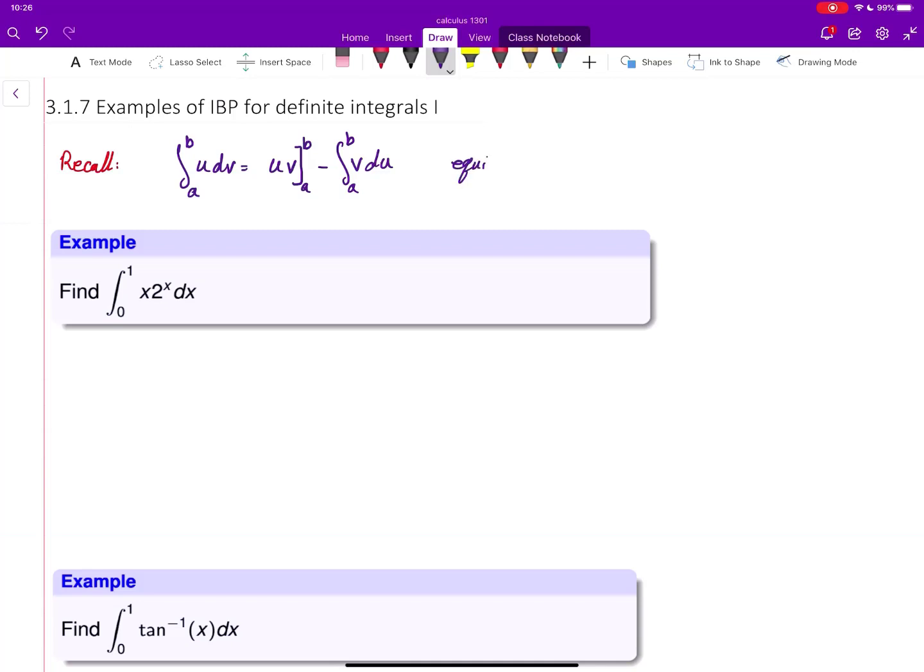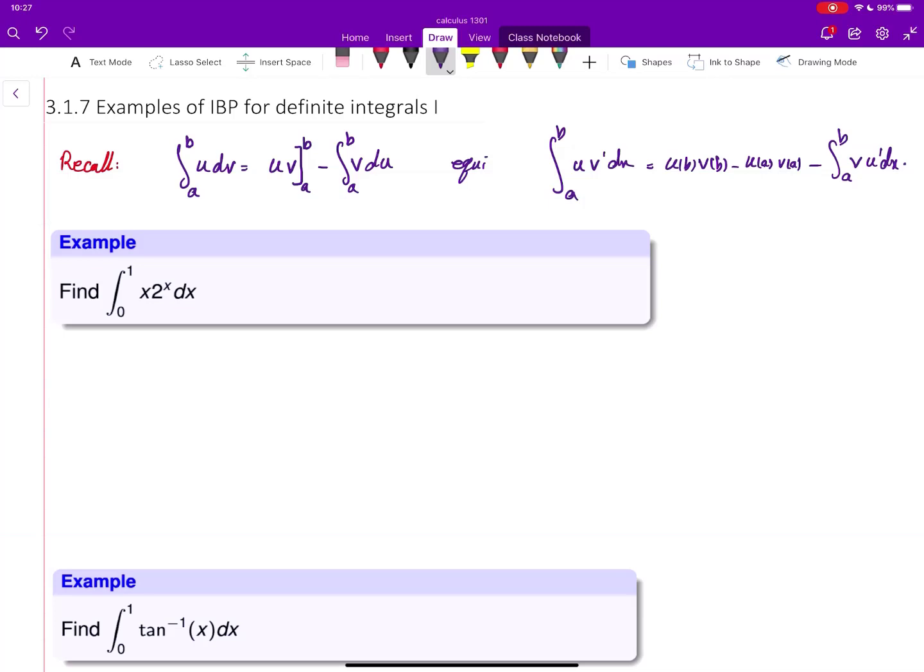Equivalently, if your functions are functions of x, you have u times v evaluated at the upper limit b and then evaluated at the lower limit, minus another definite integral which needs to be evaluated using whatever techniques we have.